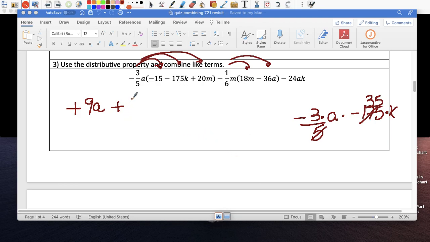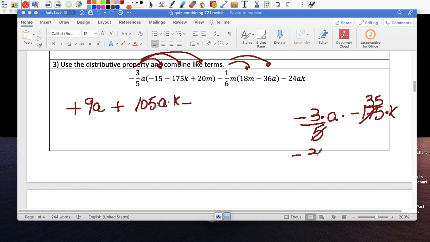So this becomes 105. And what do you do with the A and the K? Well, they're still there. So it's 105 times A times K. There we go. And then the last one, negative times a positive is a negative.